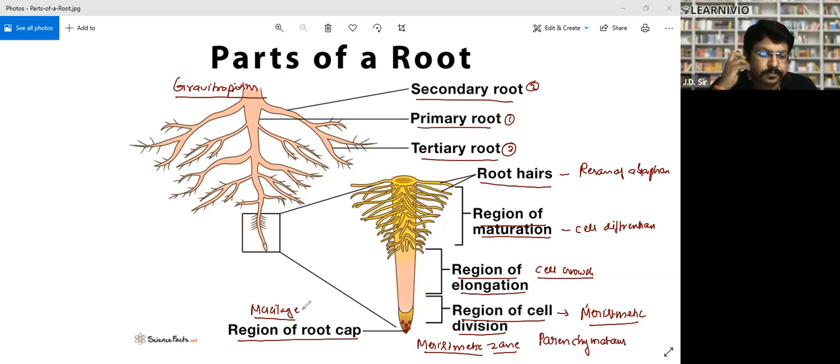Next region is the region of elongation. The region of elongation is 4 to 8 millimeter in length.